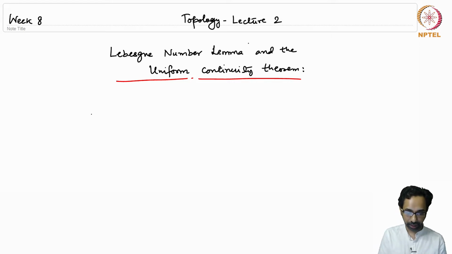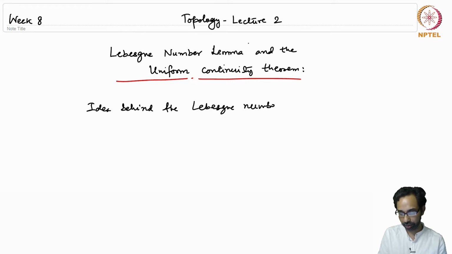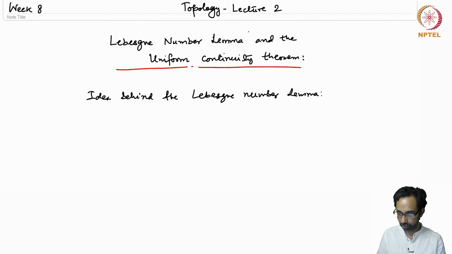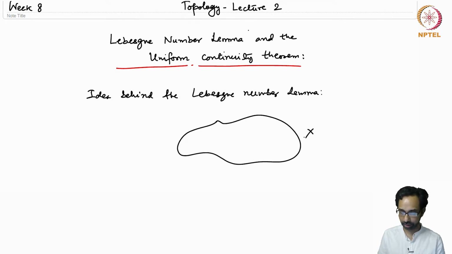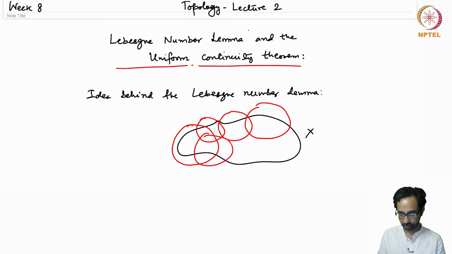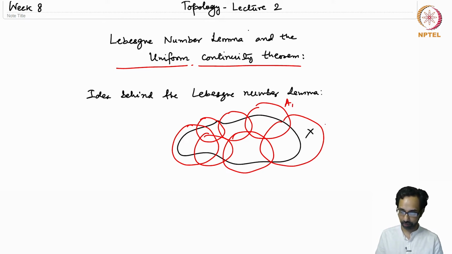So the idea behind the Lebesgue number lemma is to have, whenever you have a space X, so let's say you have a space X and you have some open cover of this space X. Okay, so all these red circles are open sets, say A1, A2, A3 and so on.